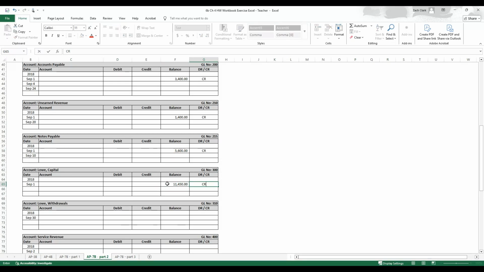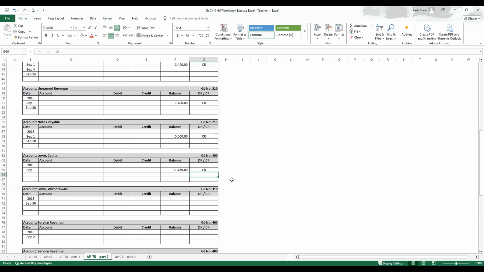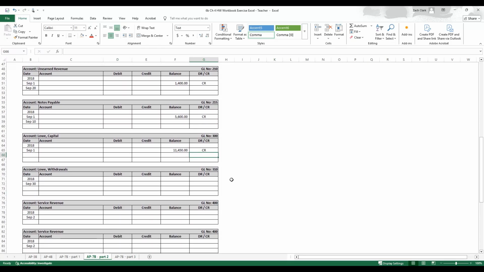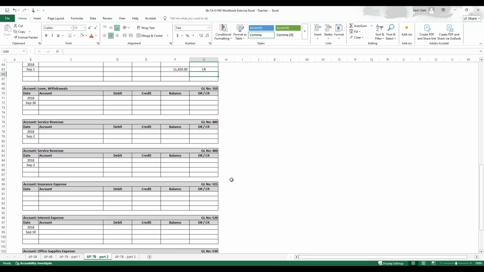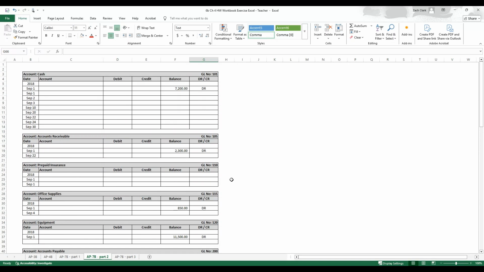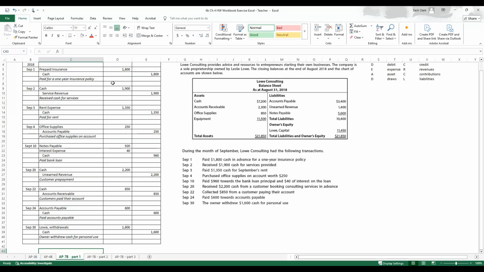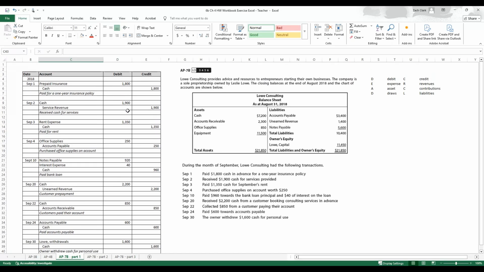And remember, capital, just like contributions, really you can use either term in there, and it's a credit normal balance. And we are looking good. That was all of our opening balances. And now we're going to go through and put our journal entries in.